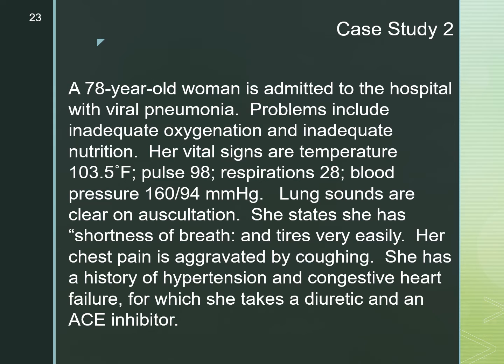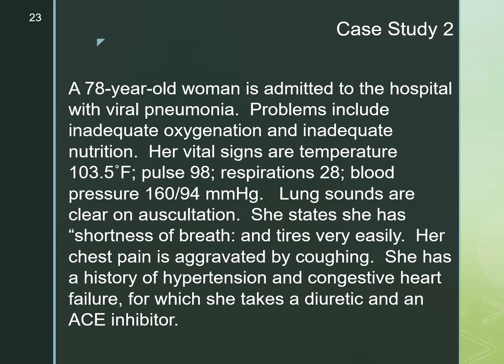She states she's got shortness of breath and tires very easily. Her chest pain is aggravated by coughing, and she has a history of hypertension and congestive heart failure. She takes a diuretic and ACE inhibitor for these two conditions. So what problem should the nurse plan to address first?